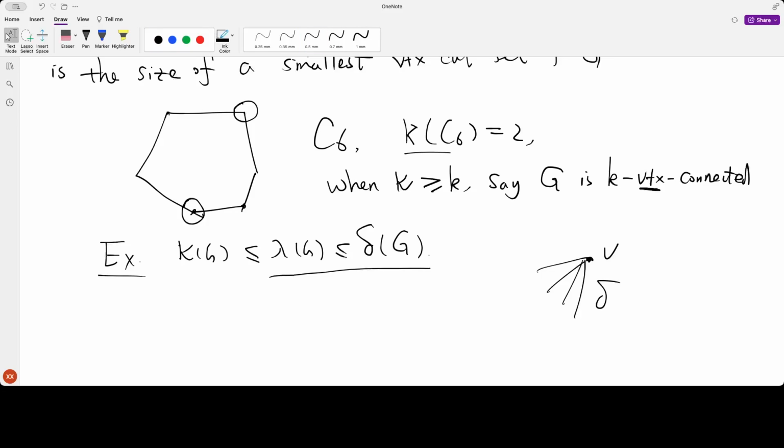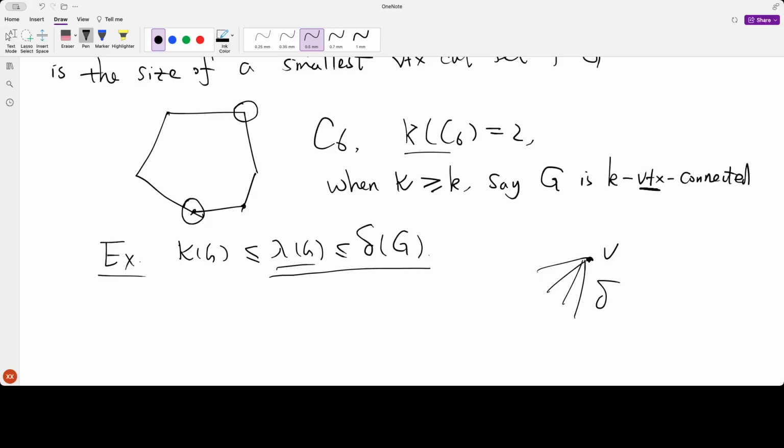you disconnect the graph, right? But lambda of G is a minimum number. So you know that if you delete 4 edges, you can disconnect the graph. But lambda of G is the smallest possibility, the size of the smallest edge cut.